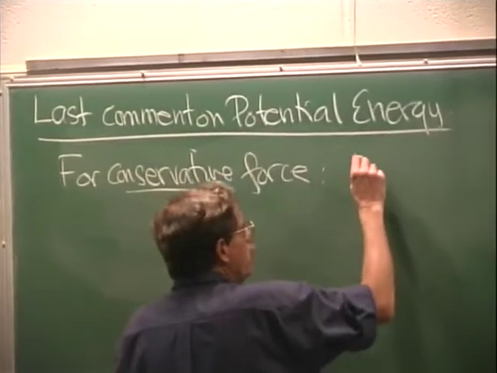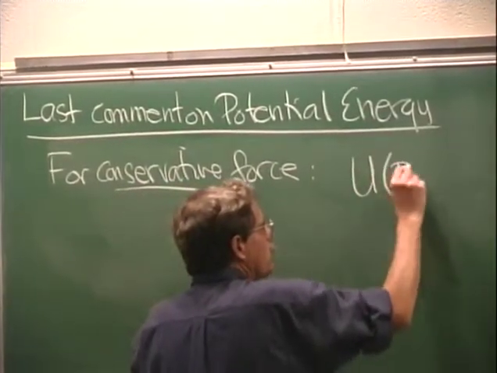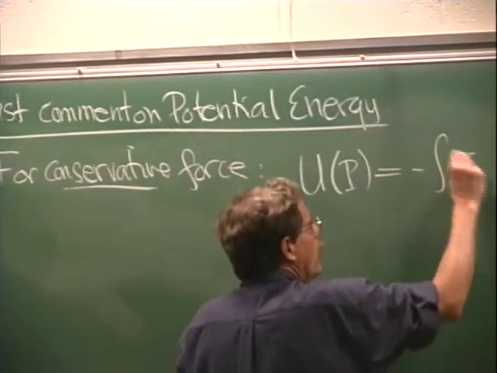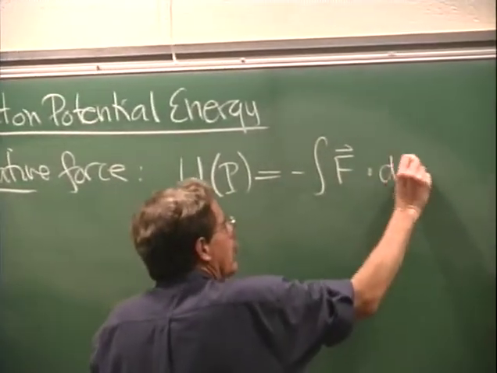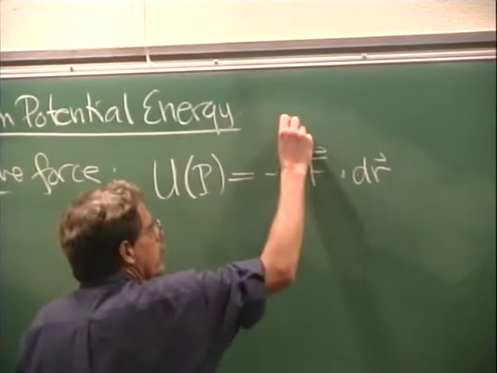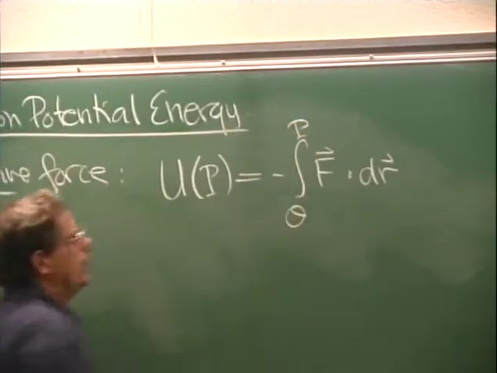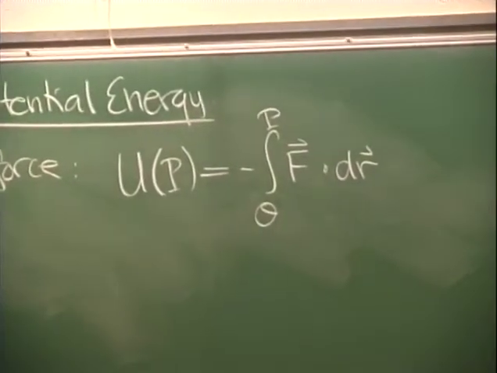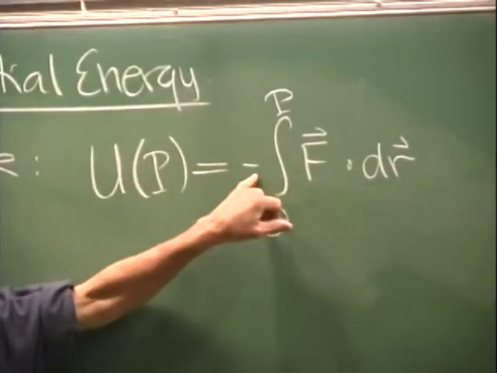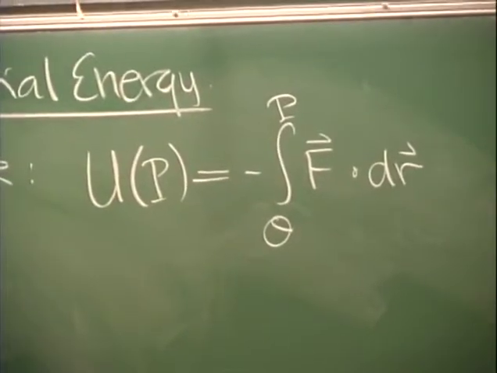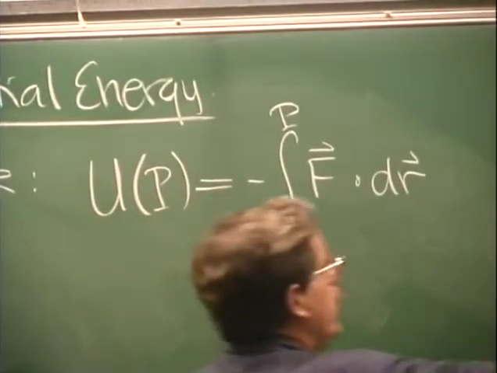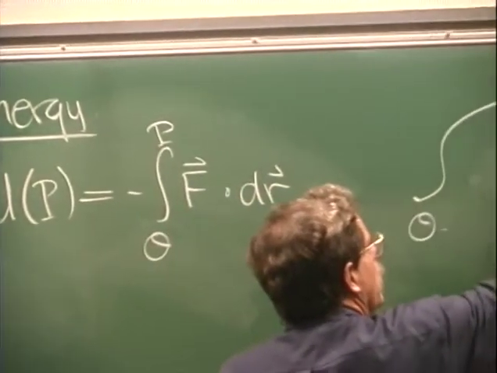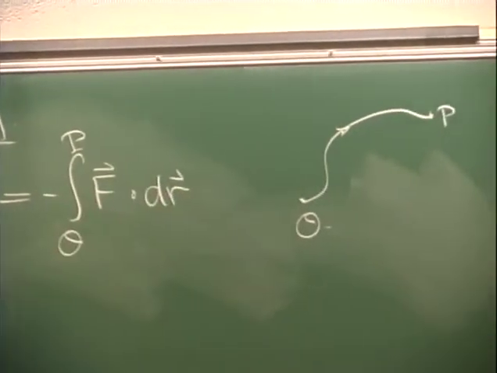For a conservative force F, the potential energy at point P is minus the integral of F dr from some standard reference point up to the point P. It physically is the amount of work you had to do fighting against the force F, the minus sign, the work you had to do to move an object from this universal reference point up to the point P.